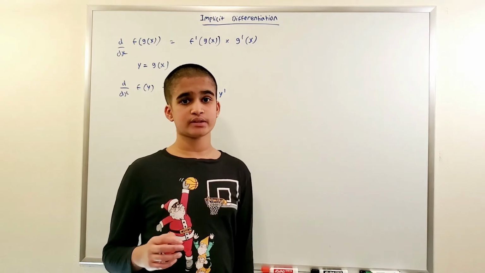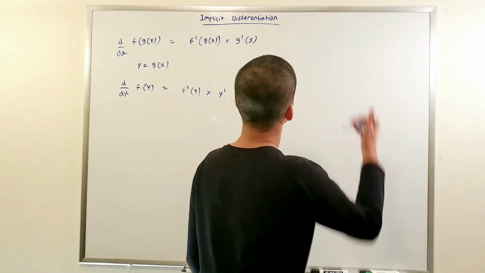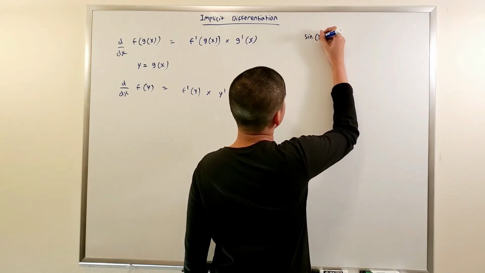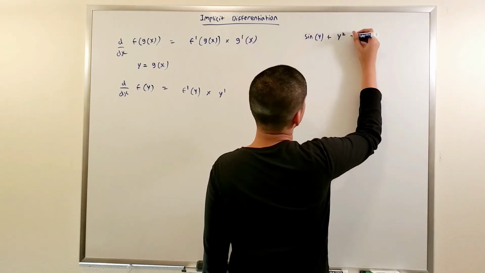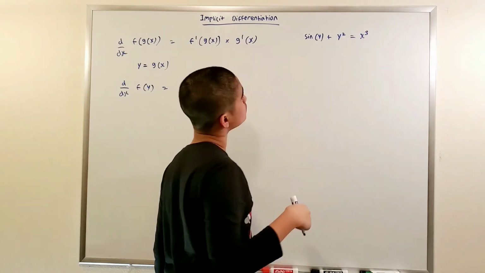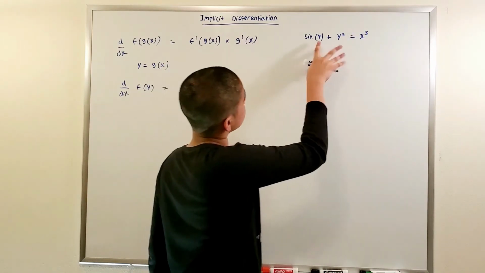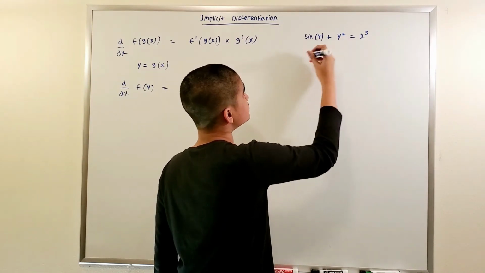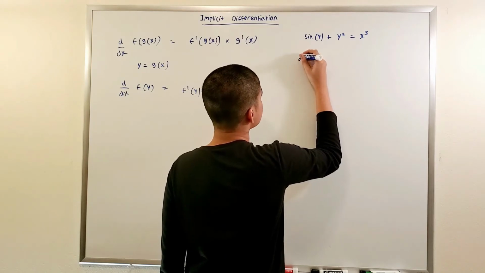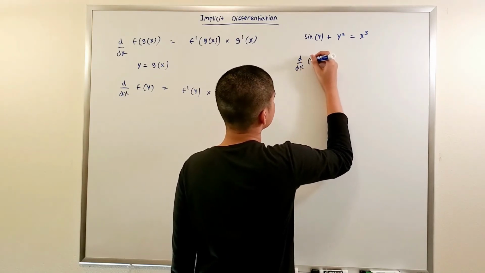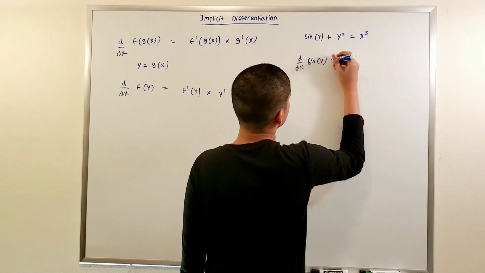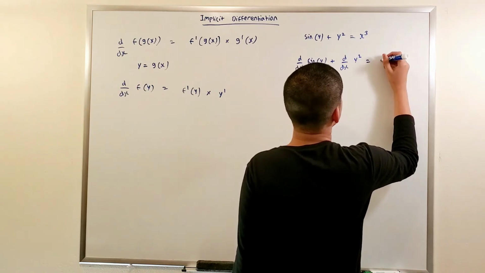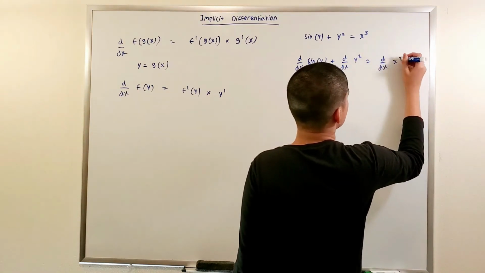To better understand this, let us take an example. Here we have sine of y plus y squared is equal to x cubed. Now, we can take the derivative by applying the derivative to each of these terms. So we need to find the derivative of sine of y plus the derivative of y squared is equal to the derivative of x cubed.